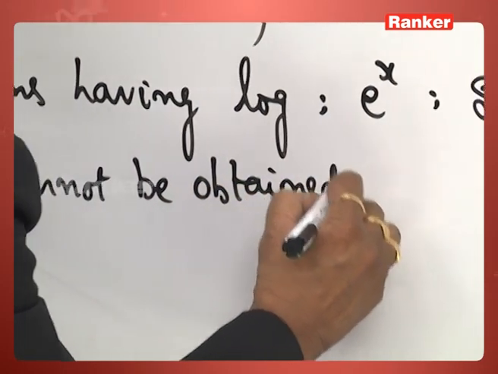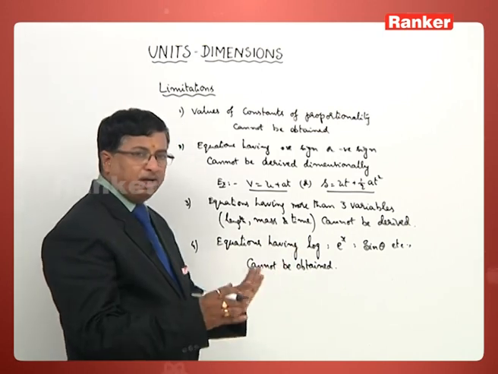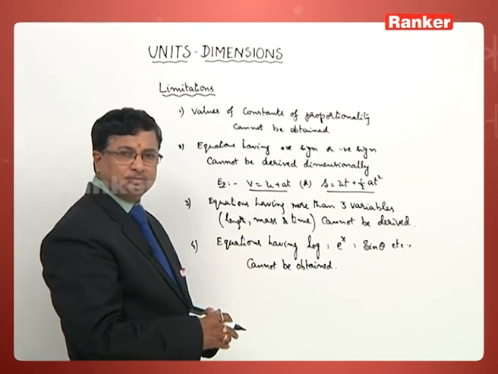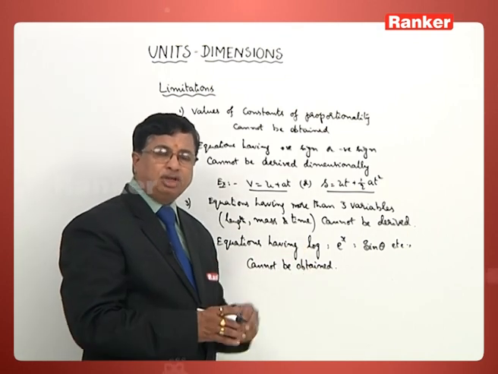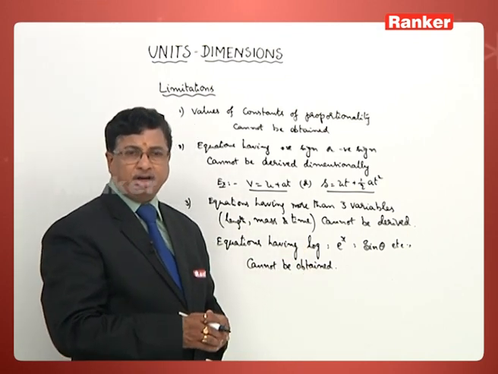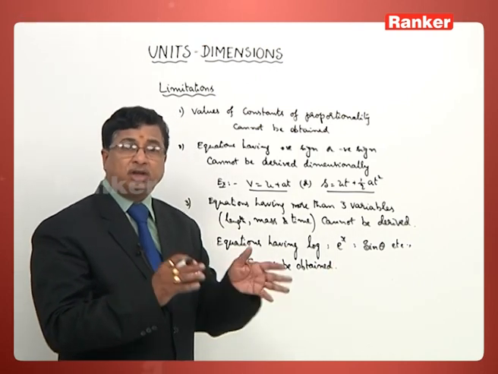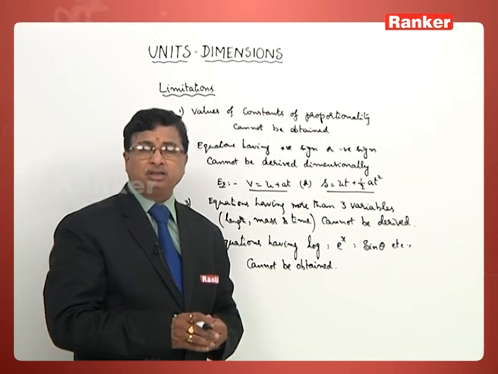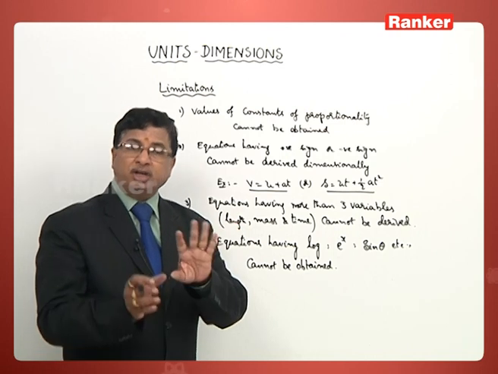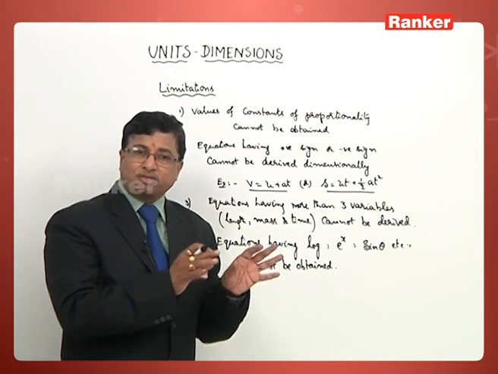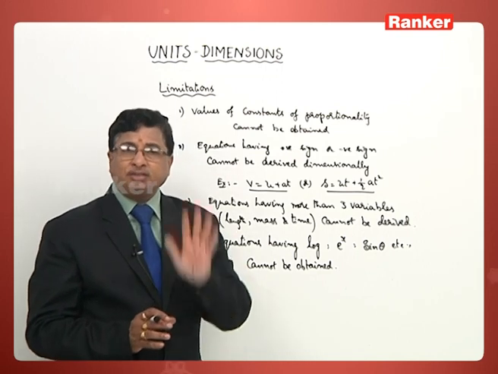That is the point. So, equations in which we are finding logarithmic values, equations in which we observe exponential values e power x, e power 2x, etc. Similarly, equations in which we are finding trigonometric ratios like sin theta, tan theta, cot theta, like that. F is equal to ma, you can directly obtain using dimensional analysis. But F is equal to mg sin theta, you cannot get.